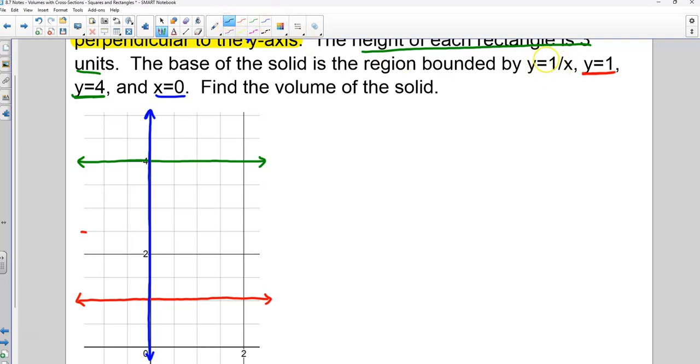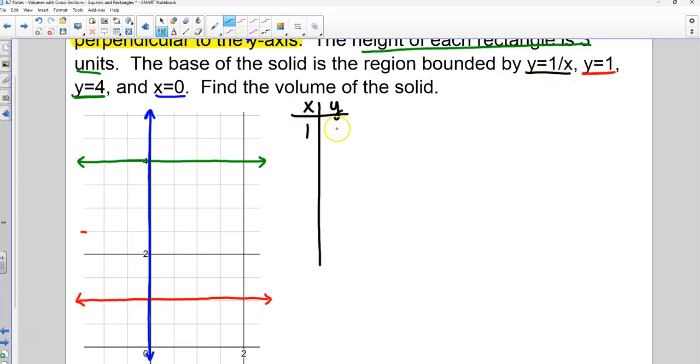Since we probably are not that great at knowing what 1 over x looks like, let's just make a table. Okay? Can I plug in 0? No. I can't plug in 0. This graph has a vertical asymptote at 0. So I can't plug in 0.